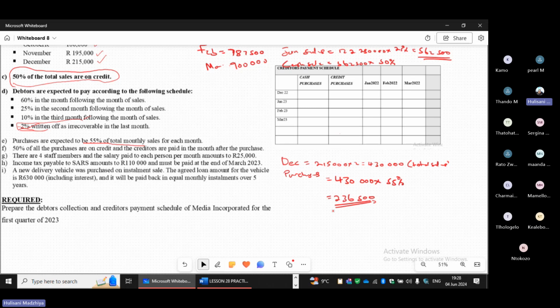Then it says 50% of all purchases are on credit. So 50% of this amount, the December credit purchase, will equal 236,500, which is the total purchase, multiplied by 50%.